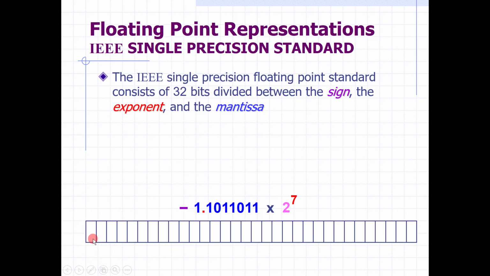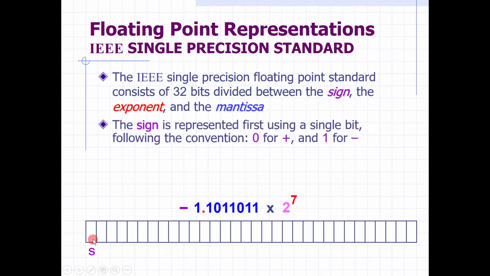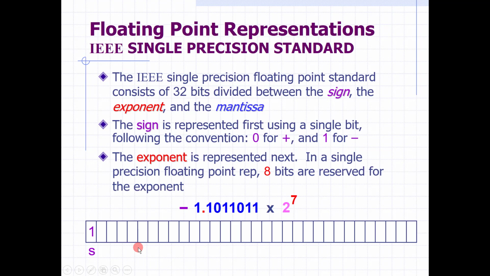And if it's negative, we'll put a 1 in this first spot. Then, what might be a little weird, we store the exponent next. So we need to store this number 7 in some number of bits. So it was agreed upon that we would use 8 bits to store the exponent. So first you have the sign, and then the next 8 bits are the exponent.